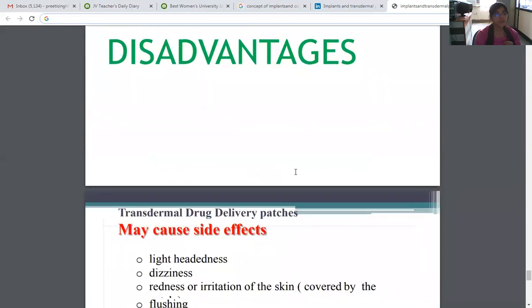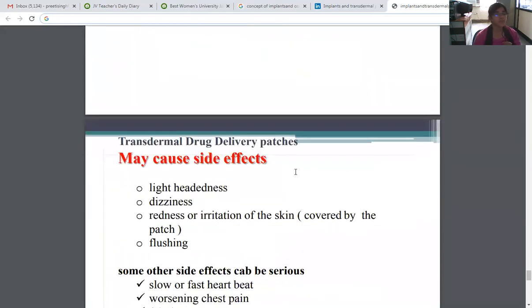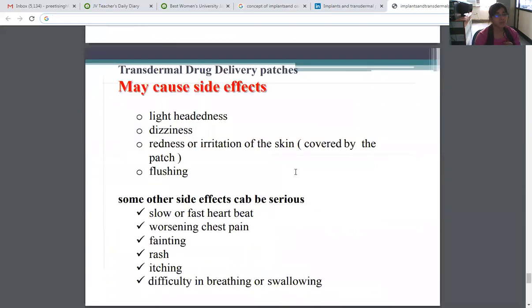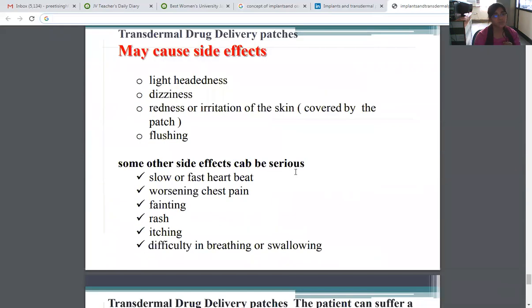The disadvantages: the transdermal drug delivery system may cause side effects like light headache and dizziness, and redness or irritation of the skin covered by the patch, and flushing. Some other side effects can be serious: slow or fast heartbeat, worsening chest pain and fainting, rash, itching, and difficulty in breathing or swallowing.